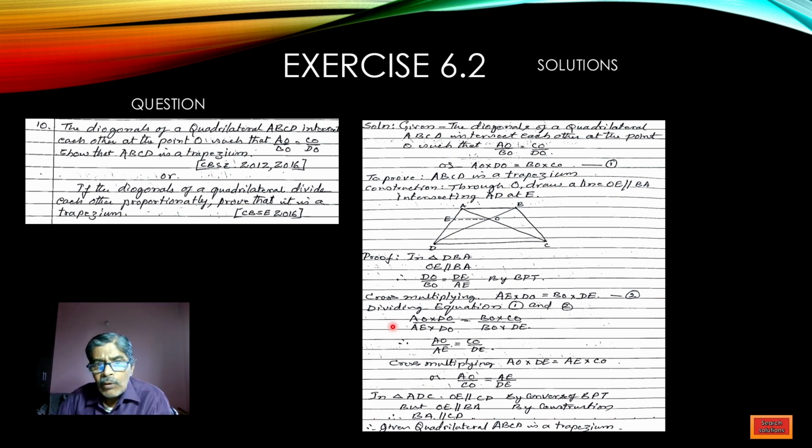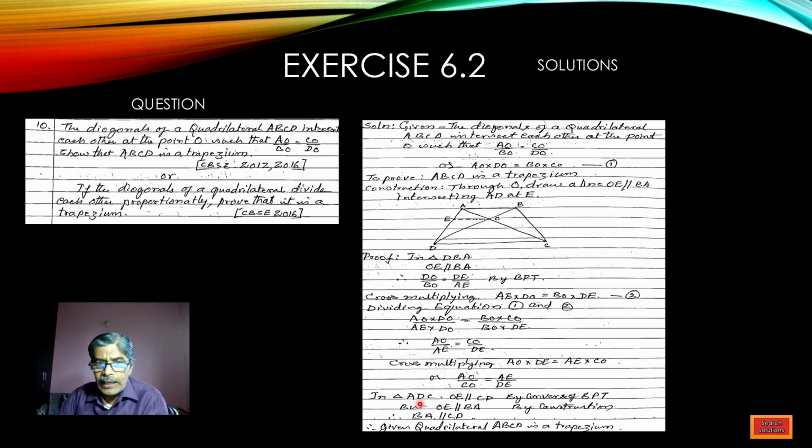Now dividing equations 1 and 2, we get AO into DO by AE into DO is equal to BO into CO by BO into DE. Therefore, AO by AE is equal to CO by DE. On cross multiplication, AO into DE is equal to AE into CO, or AO by CO is equal to AE by DE.